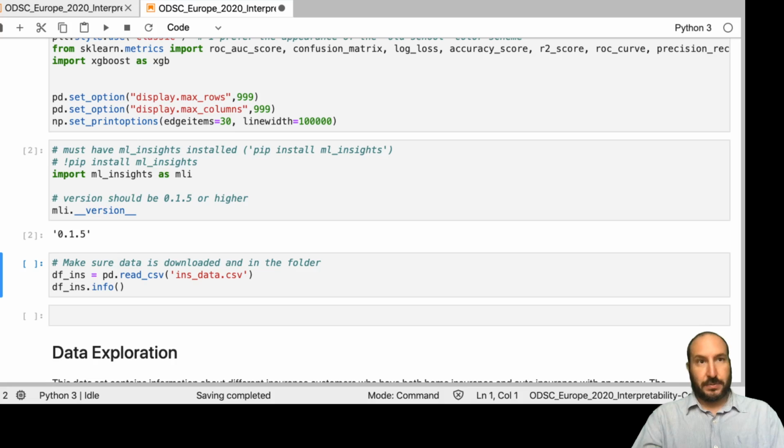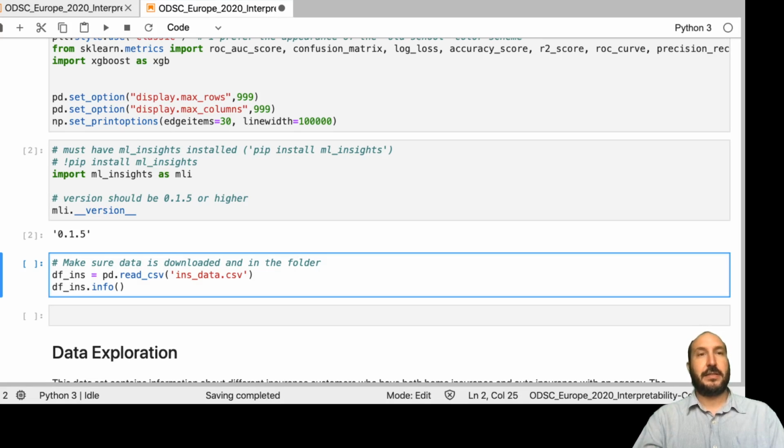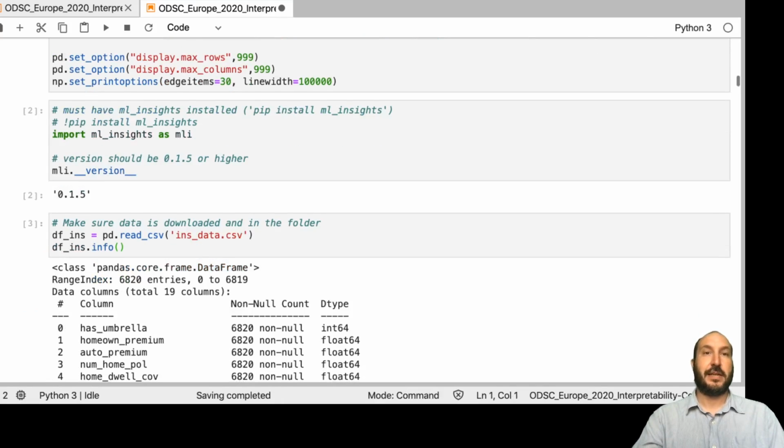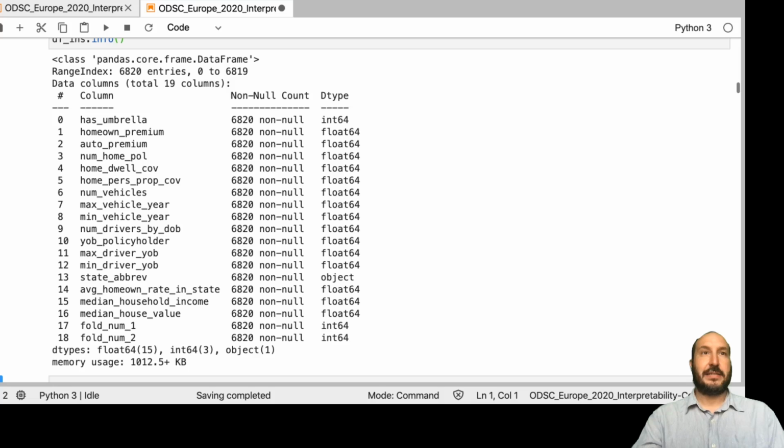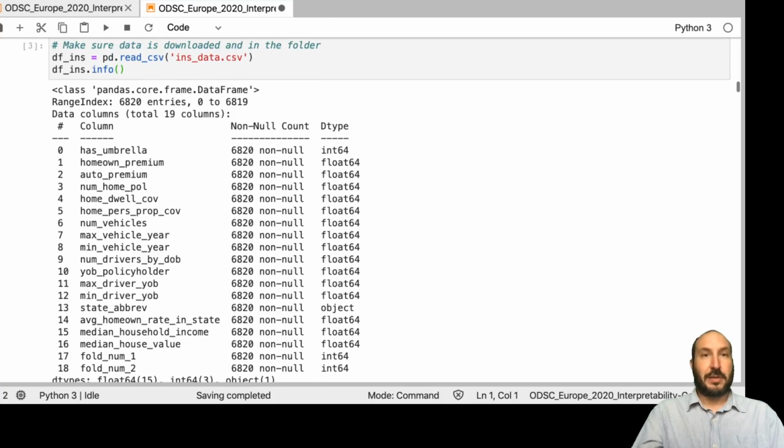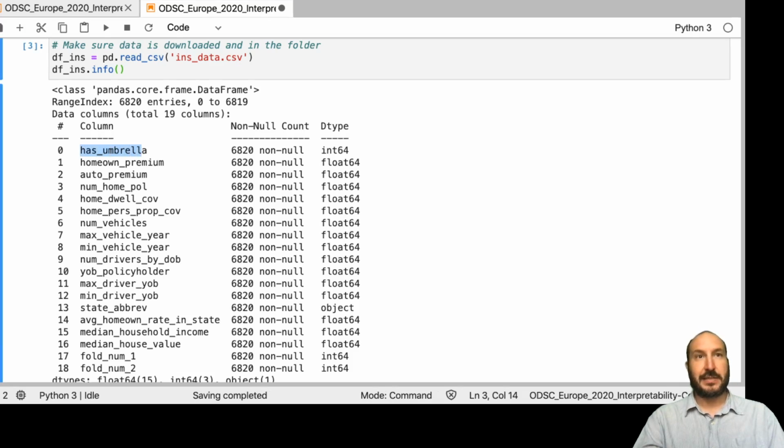And then once your data is in the proper folder, you should be able to run this cell and not get any errors. And you'll be able to load up this data. You'll see this data has 6,820 rows. This first variable called hasUmbrella, that's going to be our target. That's going to be about, does the person in question have an umbrella policy?